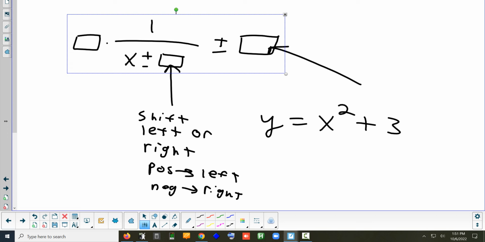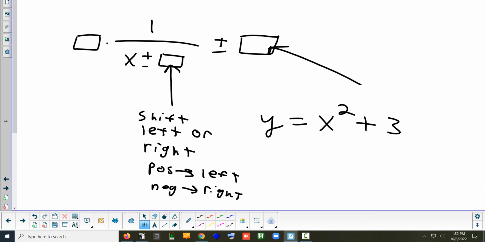Okay, now, here. That's still adding or subtracting, but this time it's outside. Outside what? Outside the fraction. Outside the parentheses being squared. Whatever your thing is, it's outside. What does adding and subtracting on the outside do? Yep. Move it up or down.